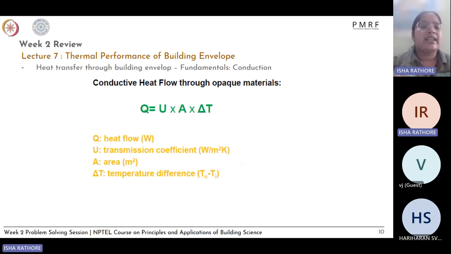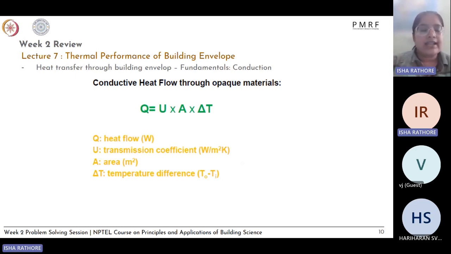We will also look at the convective heat flow equation and the radiative heat flow equation as well. So the conductive equation has three components, and all of them are directly associated with the conductive heat flow. That is, the U value, the area, and the temperature difference directly affect the heat flow.